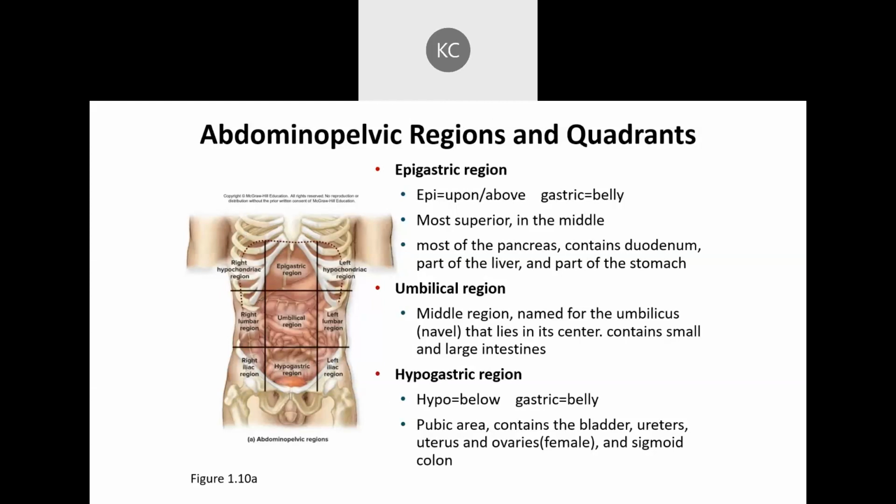When we're talking about abdominal pelvic regions, the reason that this is an important topic is because when you're doing an assessment on a patient, you're working in the emergency department, or in an ICU or something, you have to assess your patient. You're going to assess the different areas of their body. You may listen to their heart, listen to their lungs, listen to their bowel sounds.